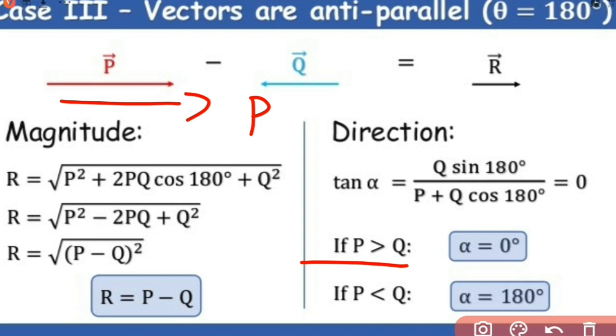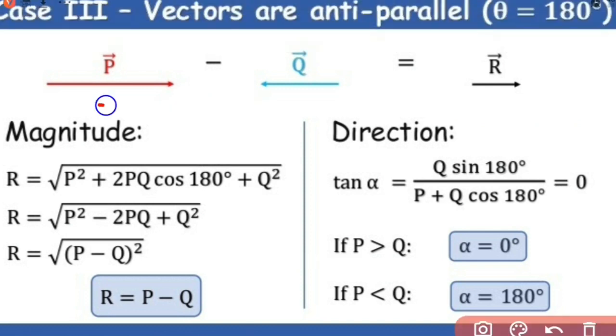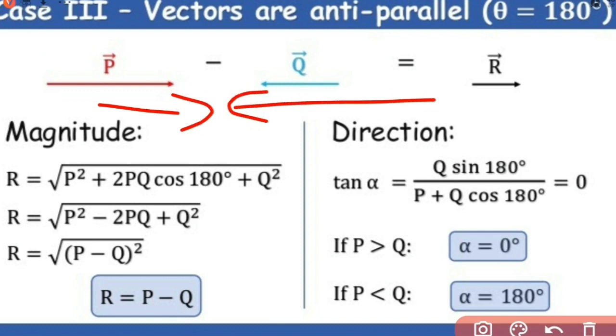Now if the reverse is there, that means p is small in length. This is p and q is like this. So q has more magnitude, that means p is less than q. In that case, the resultant will be in the direction of q, that means towards left.